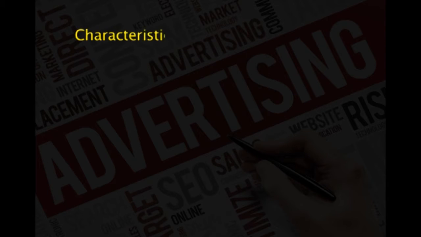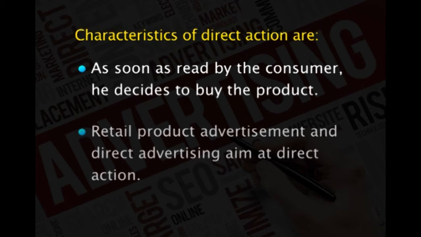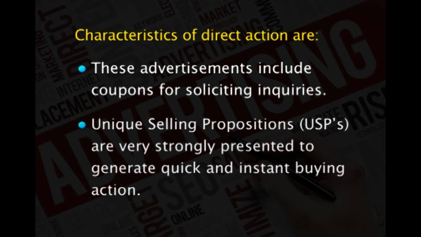The characteristics of direct action are: as soon as read by the consumer, he decides to buy the product. Retail product advertisement and direct advertising aim at direct action. These advertisements include coupons for soliciting inquiries. Unique selling propositions are very strongly presented to generate quick and instant buying action.